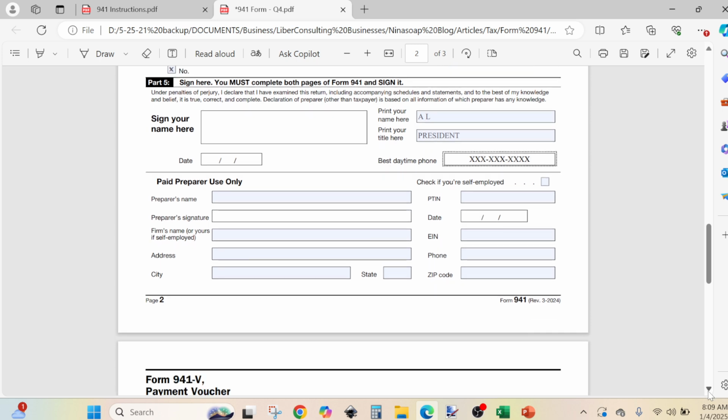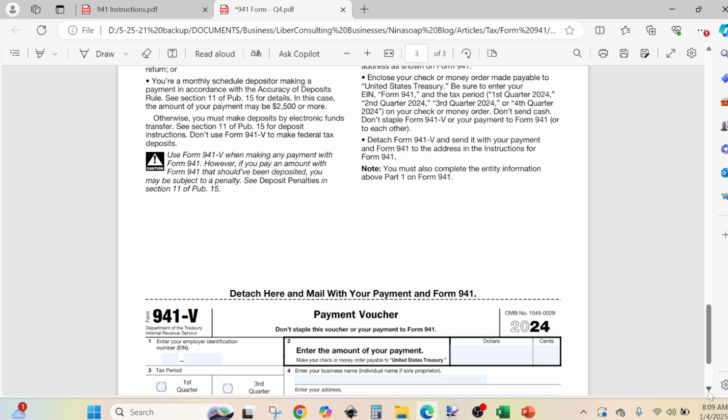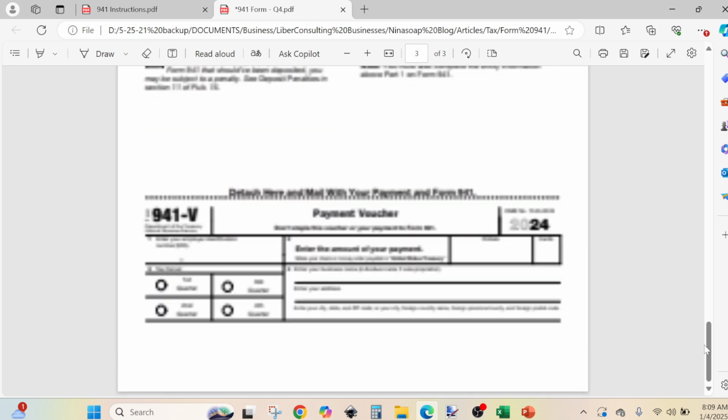You review it, and you print it out. You leave the voucher section alone because you didn't have any tax liability and you do not have any payment to mail.